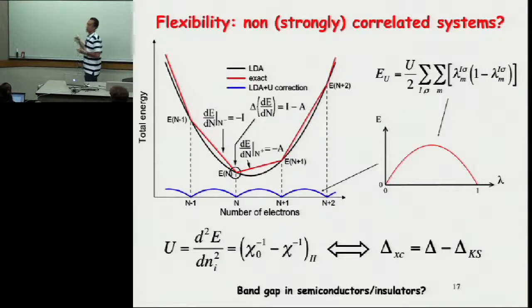So here's the second problem now, flexibility. What if we want to use this in general? So Boris was mentioning that DFT is good to make predictions across the periodic table. That's problematic indeed.